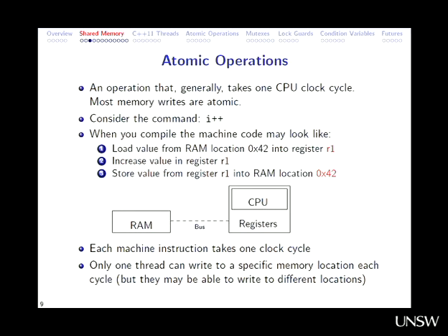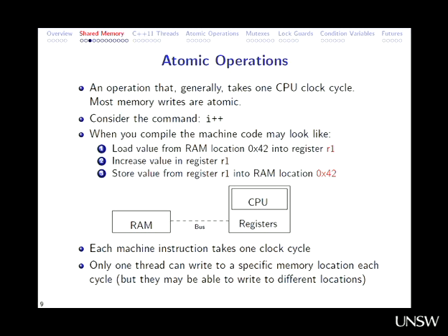So let's talk about atomic operations. An atomic operation is some sort of add or subtract or load from memory, some sort of low-level command on the CPU that normally takes one clock cycle. You talk about CPUs in terms of, say, gigahertz.